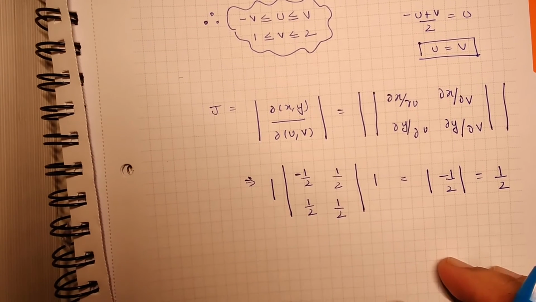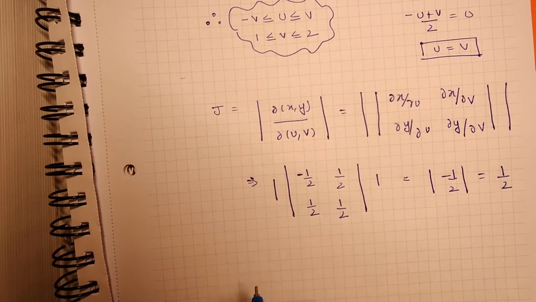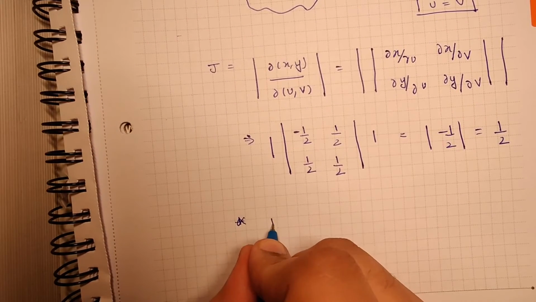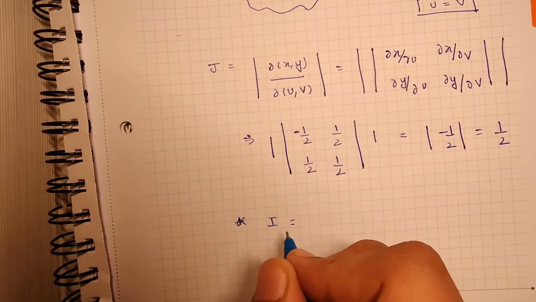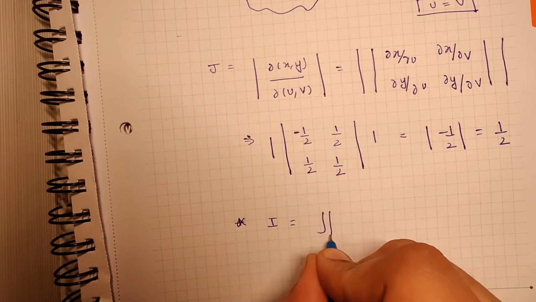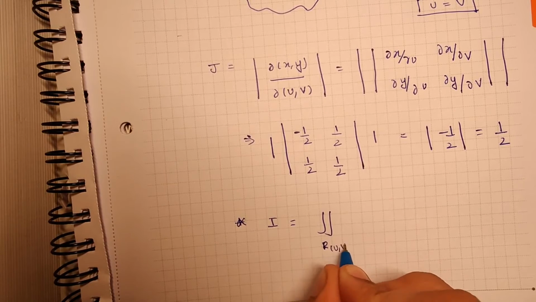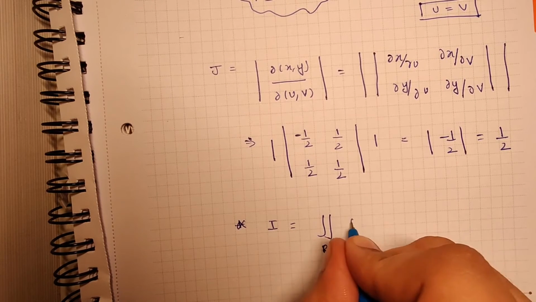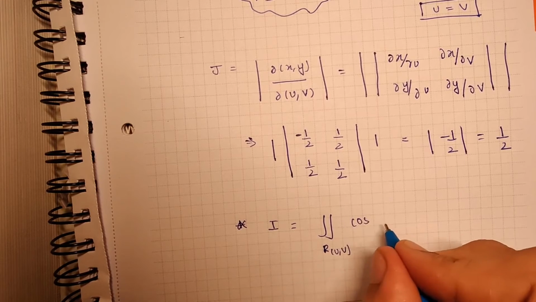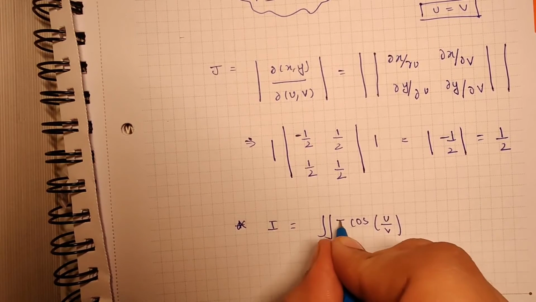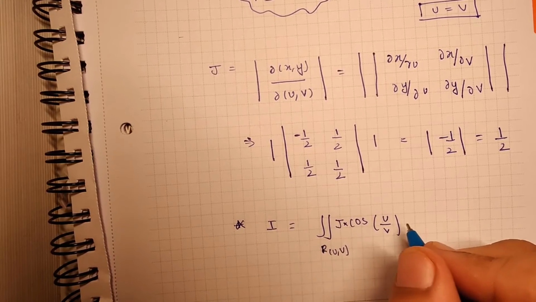So let's again rewrite our integration, and then we will put all the values in it. The integrand is cos(u/v).